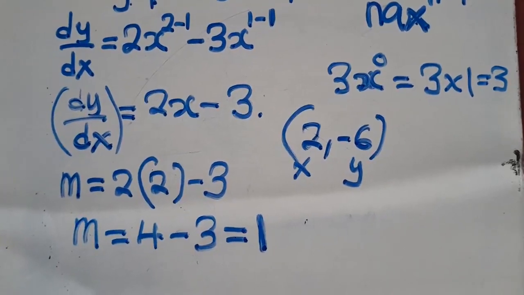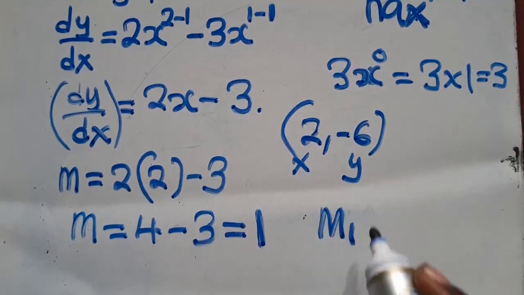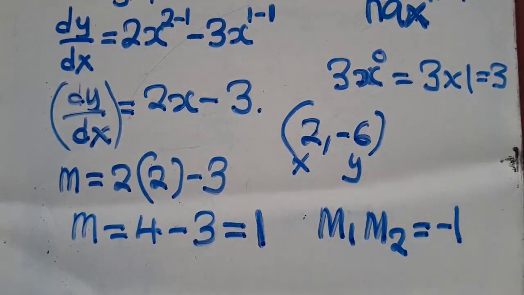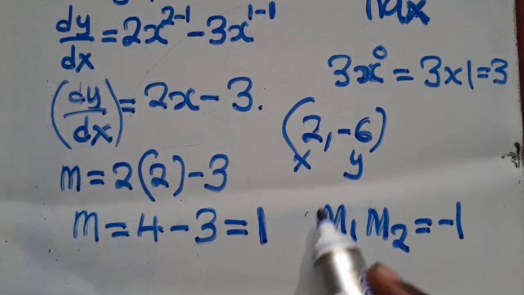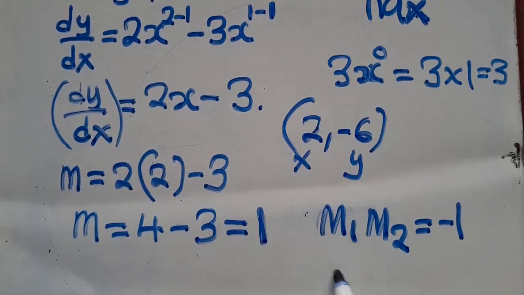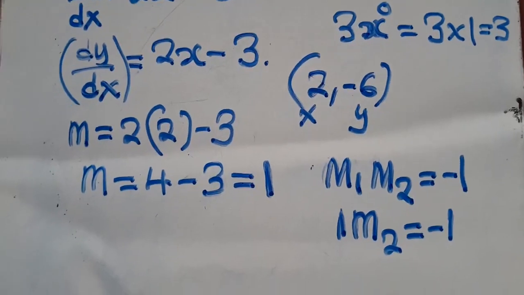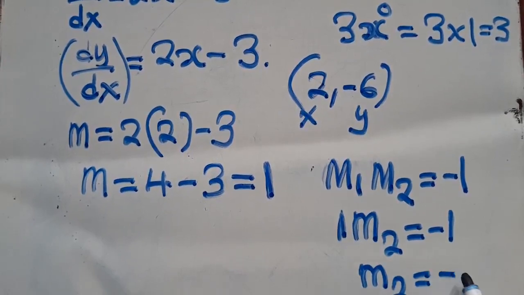This 1 is our tangent gradient, so we cannot use this gradient. We say gradient 1 times gradient 2 should be equal to -1. Gradient 1 you already have, and it is 1. So 1 times m2 is equal to -1. You find m2, which is just equal to -1.